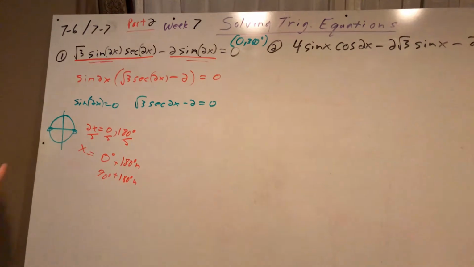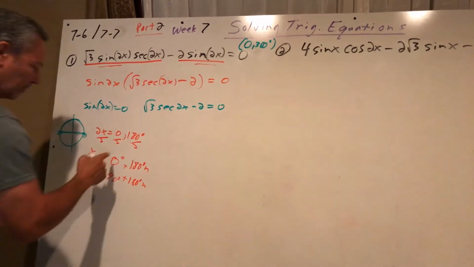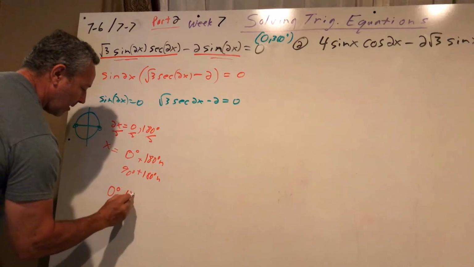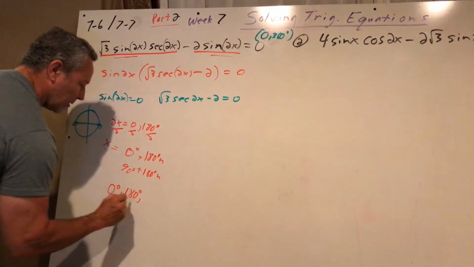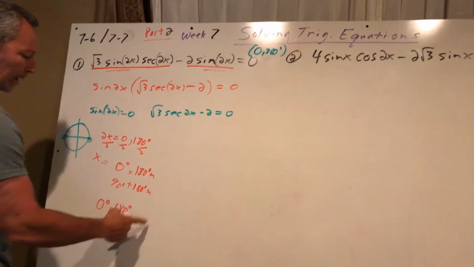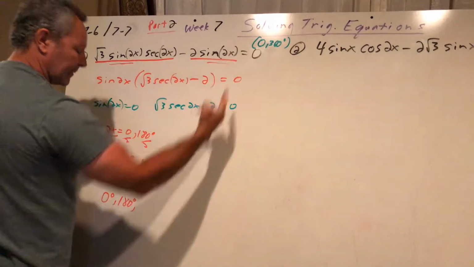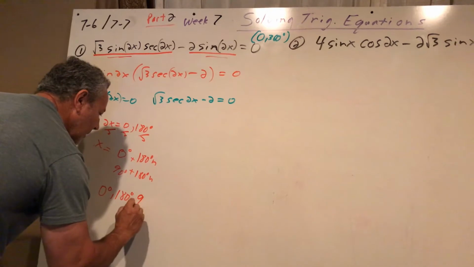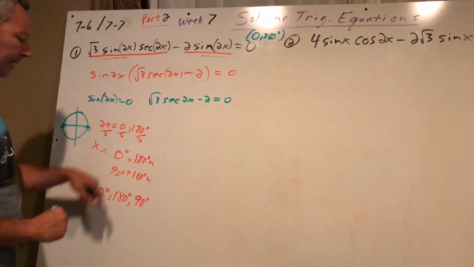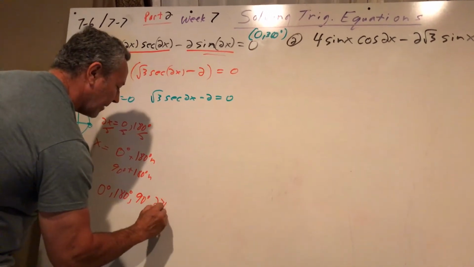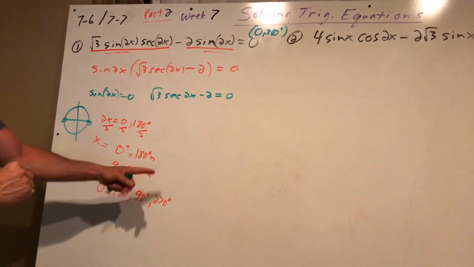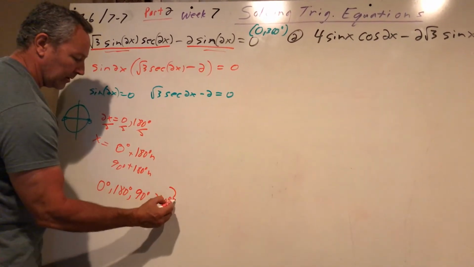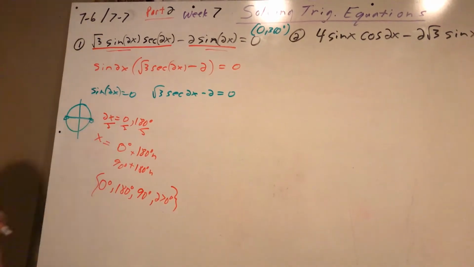And here comes my answer for this half of the problem. 0 degrees, add 180. 180 degrees is another good angle. If I add 180, I'm at 360. I'm just out of range. That's no good anymore. On my next set here, 90 degrees, I'm going to add 180 to that. That'll give me 270 degrees. And if I add 180 to that, it's going to be too much again. So those are my answers there for that part.